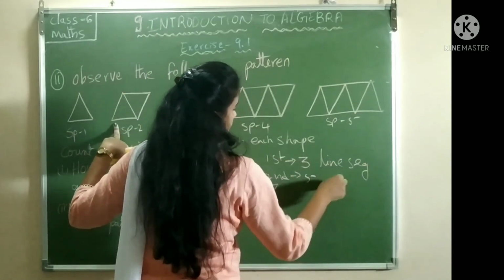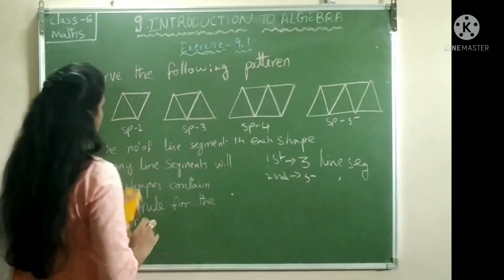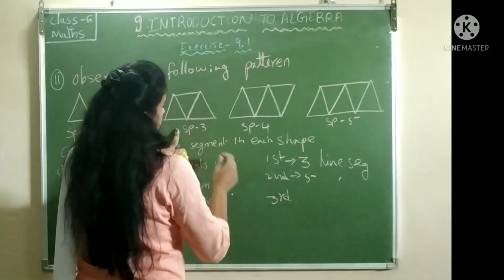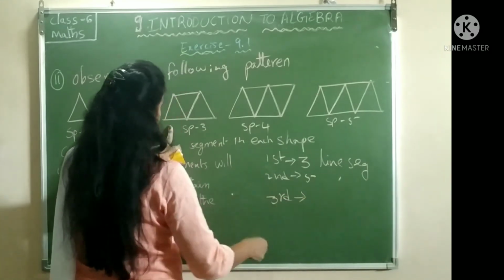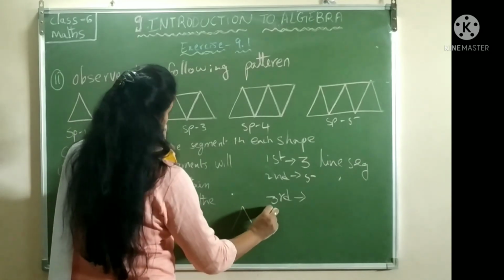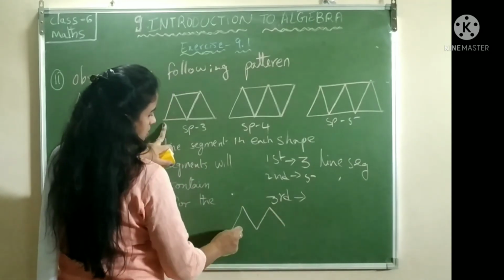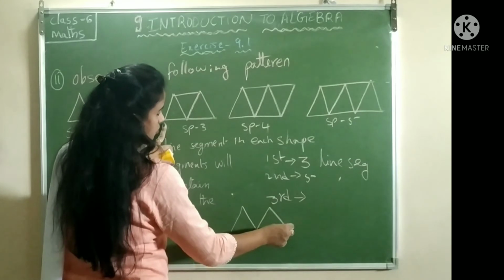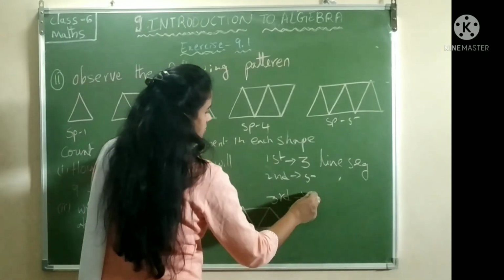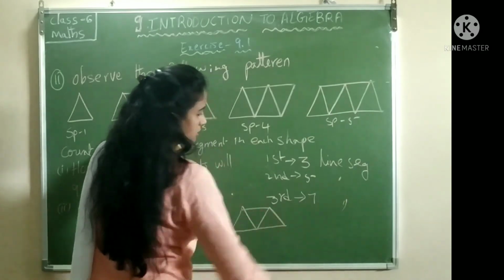And third one, third shape, how many line segments? See, 1 2 3 4. Okay. 1 2 3 4 5 6 and 7. Okay. 7 line segments.